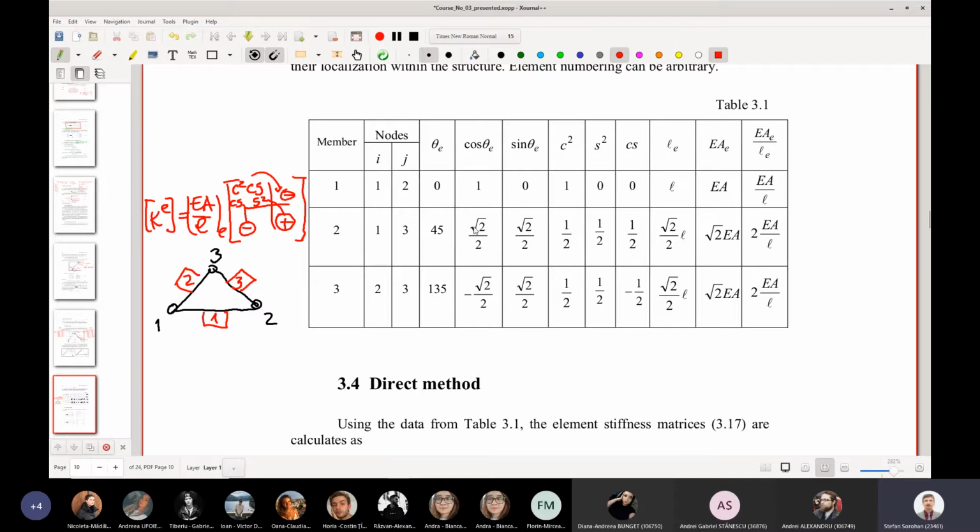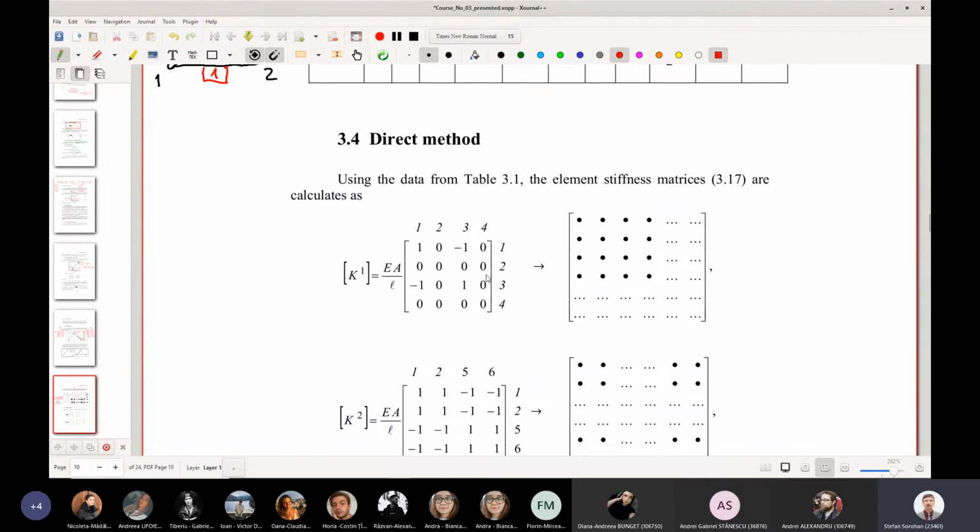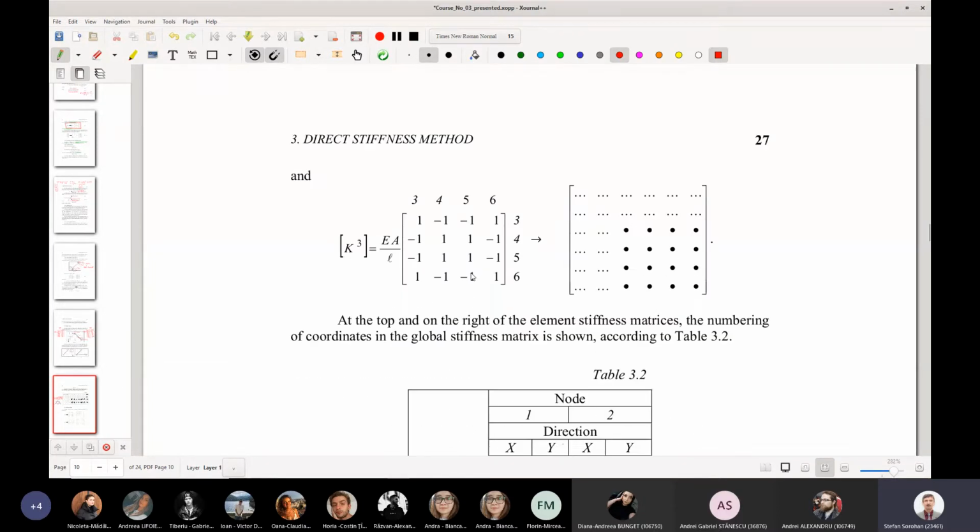Cosines of these angles are not a problem. Sine again, cosine squared, cosine times sine. The length of the members is L, and square root of 2 divided by 2 times L for elements 2 and 3. The cross-section area times the Young modulus is here, so this term in front was calculated. And here we have cosine squared, sine squared. So we can write these particular matrices K1, K2, and K3.